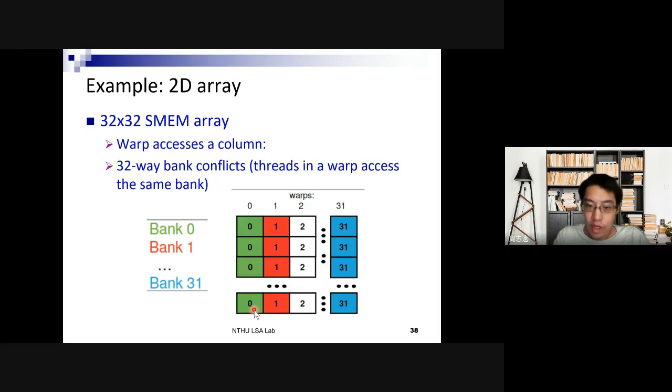With 32 threads within the warp, if we read in column-major way, all the threads within the warp will read data on the same bank, the same color. Clearly, that means you have a 32-way bank conflict, the worst case you can have in this situation.